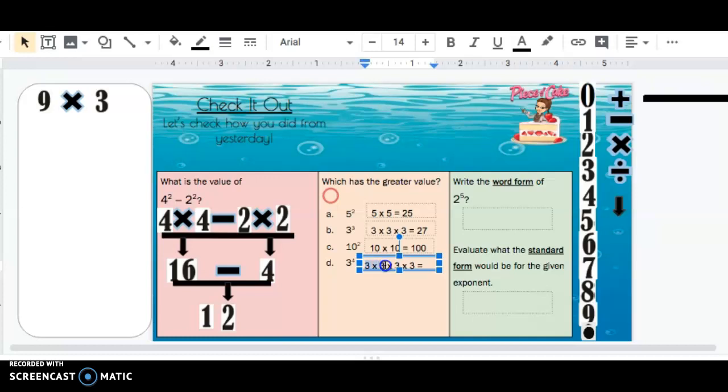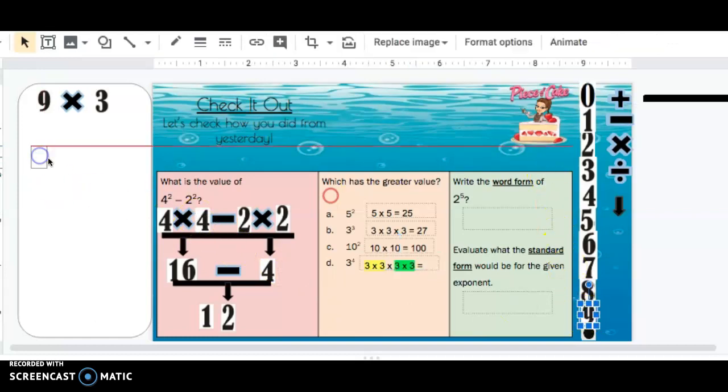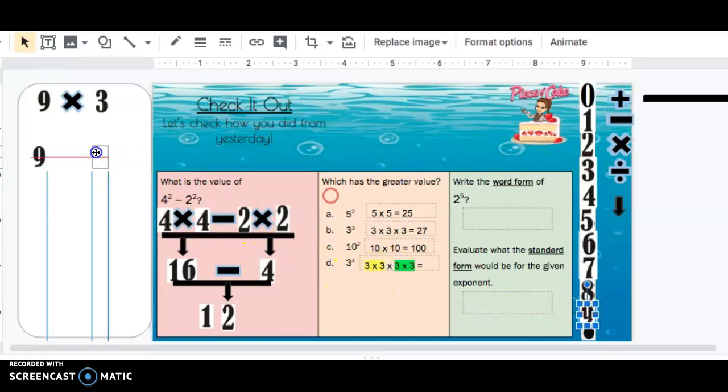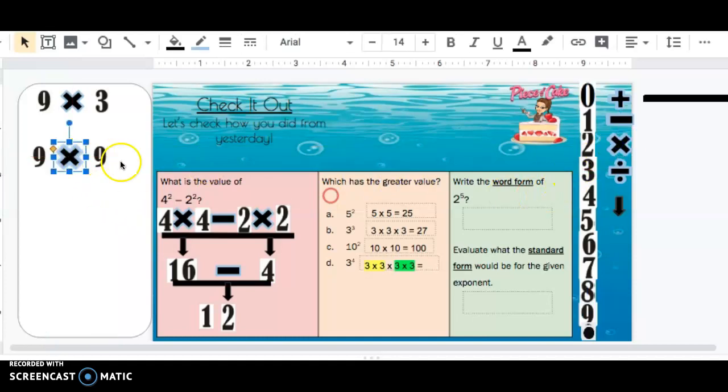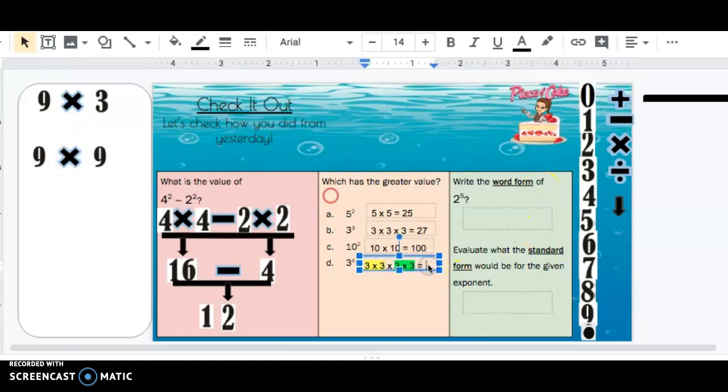This set of 3s is 9, and this set of 3s is another 9, so that's 2 different sets of 3s. The sign in between is a multiplication sign. So I have 9 times 9, which is 81. So my answer for here would be 81.